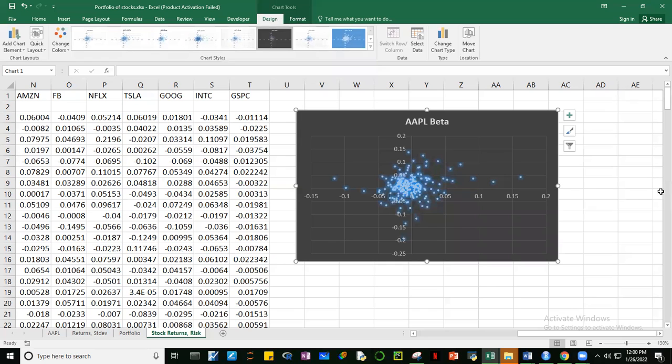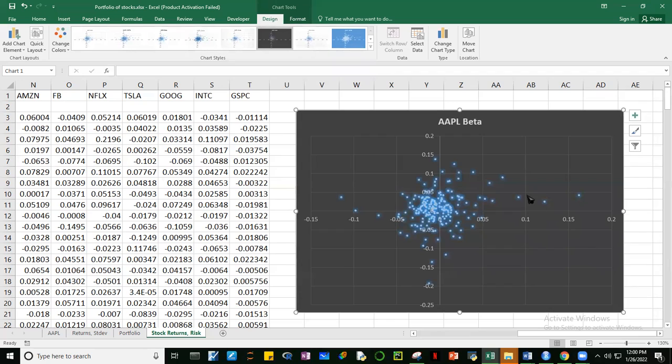Ito na lang. Okay? So this is the plot of the returns of GSPC vis-a-vis our Apple. No? Okay. Now, how do we compute for the beta?